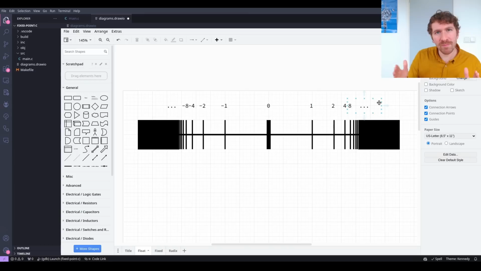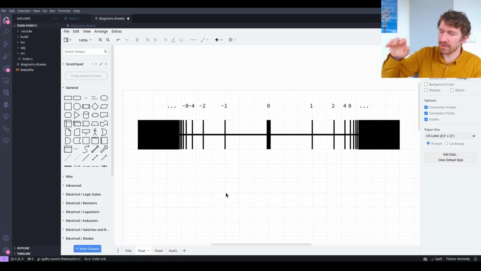There's a representation inside that number that says where we are range-wise, and then there is a fixed amount of bits dedicated to representing where exactly in that range we are. So that is how floating point works at a really high level.